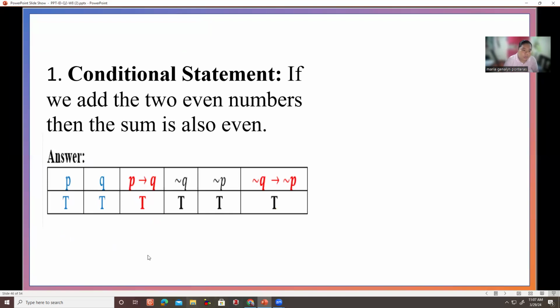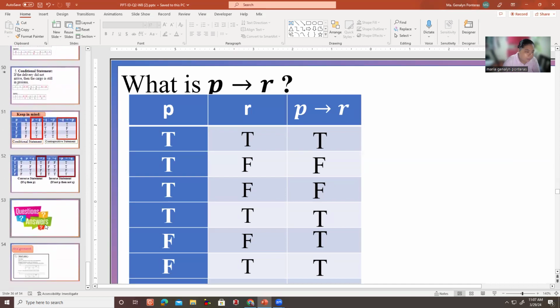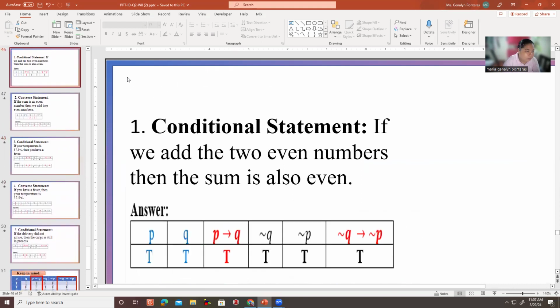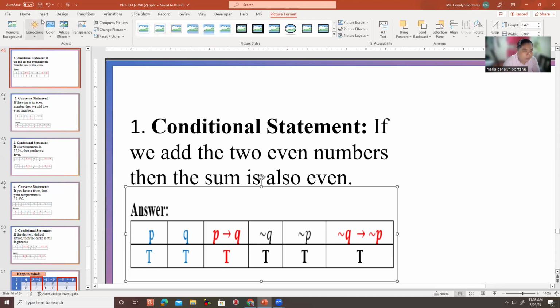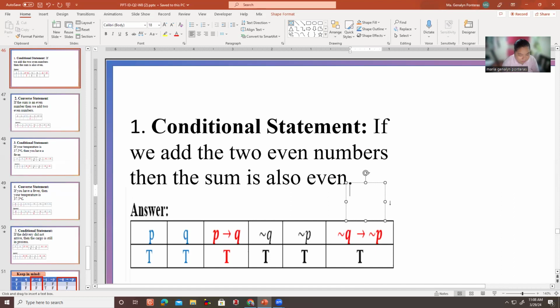Okay, so this is our answer. P implies Q is true. Not Q, sorry, it must be false. Not Q, not P is false. Not Q, that's false. Not Q, not P is false. Let me insert a text box. So that's false. And that is false.